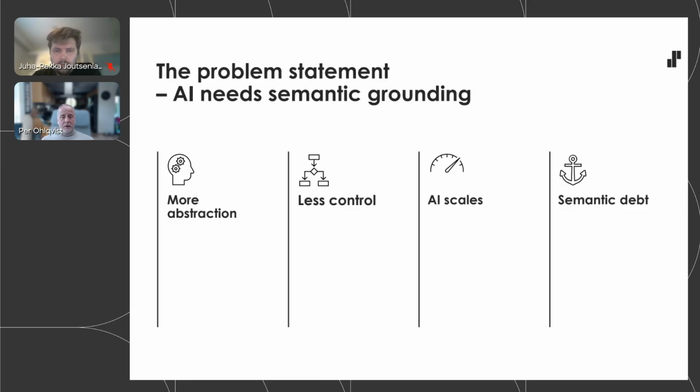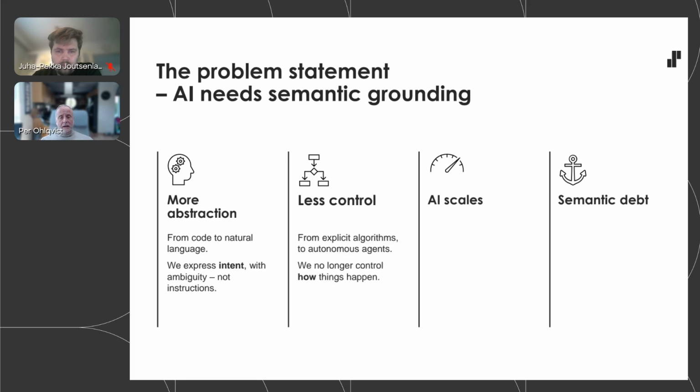Now, if we try to summarize these challenges we are facing, we could say that first, we face more abstraction. We communicate in ambiguous natural language. We went from formal code to plain English. Secondly, we have now less control. We've handed over execution to autonomous agents, so it is even more critical to express intentions with clarity. And AI scales.